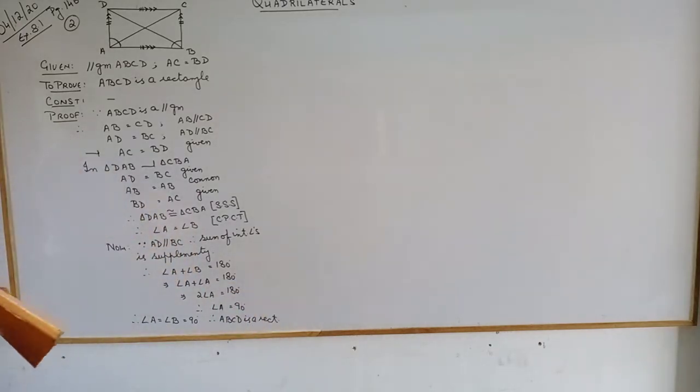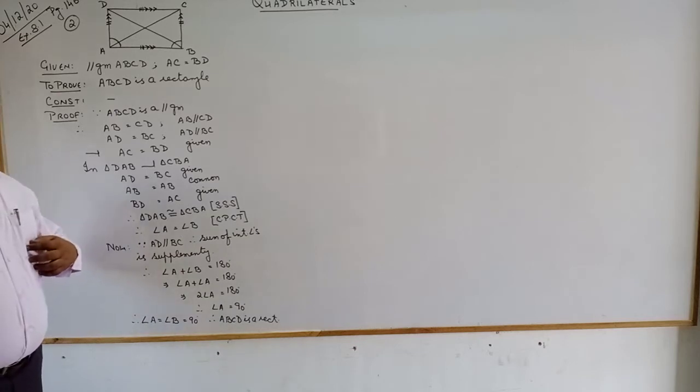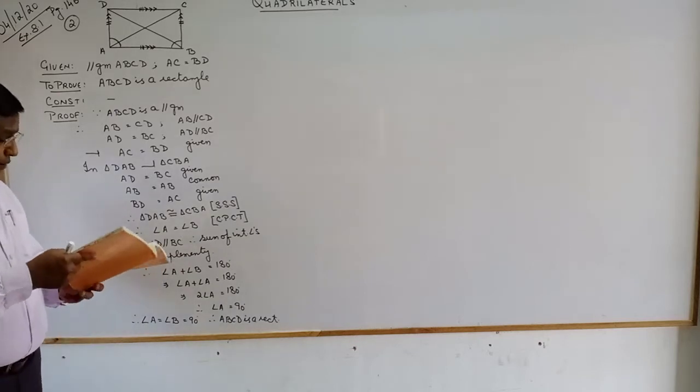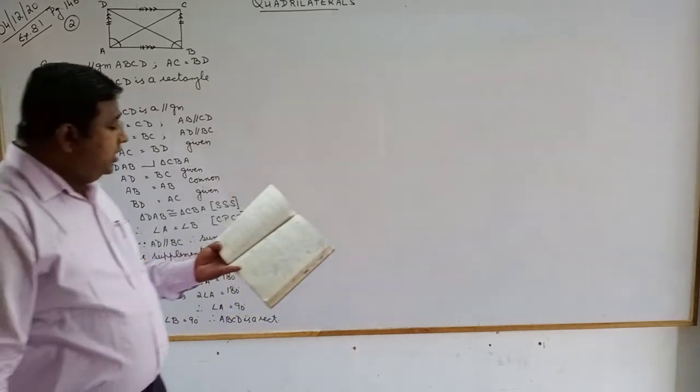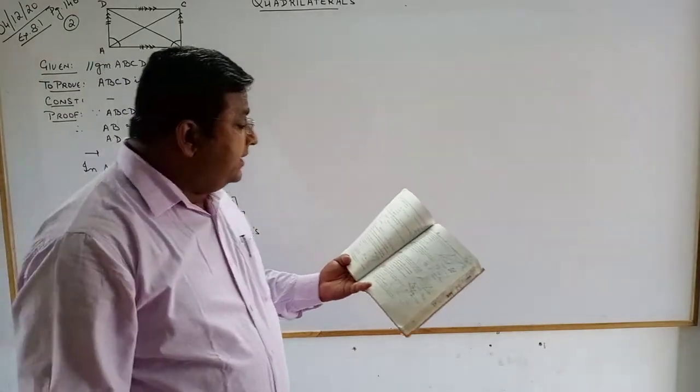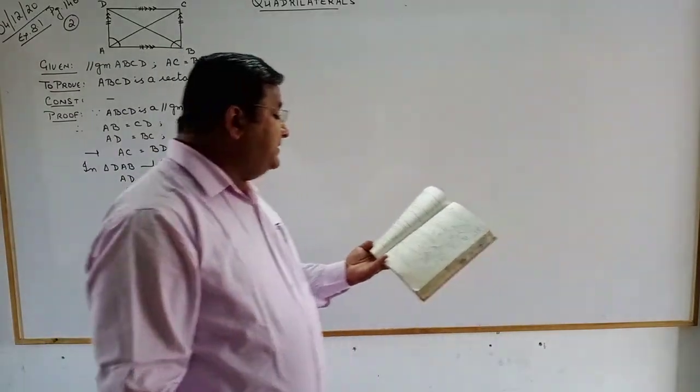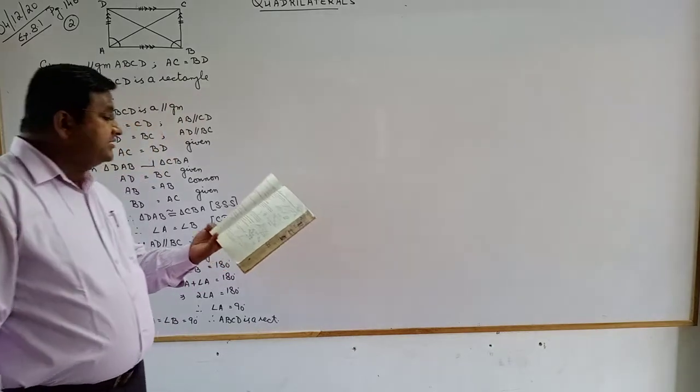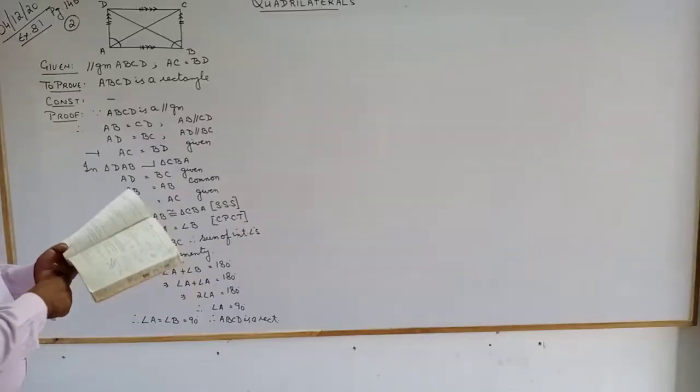Right? Clear? So you have to observe, you have to find out what is given to us. That is very important. Now take a look at the next question. Show that if the diagonals of a quadrilateral bisect each other at right angles, then it is a rhombus.